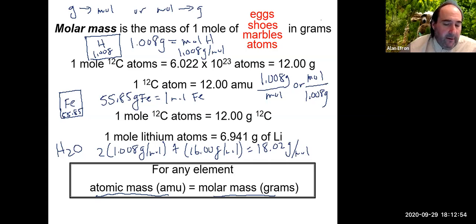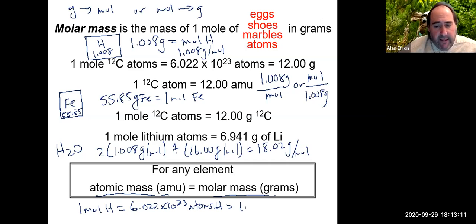And we can put them all together because in 1 mole of hydrogen, there is 6.022 times 10 to the 23 atoms of hydrogen. And that means that in 1 mole, which is that many atoms, there is 1.008 grams of hydrogen as well. So they're all related to each other. Same thing with the water.